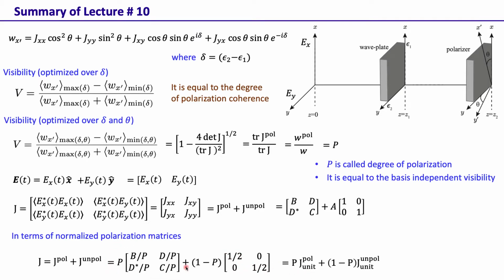So if you write it using the polarized and unpolarized matrices that have unit trace, the coefficient that comes out in front of the polarized part is the degree of polarization, or the visibility. So the degree of polarization has two interpretations. First, it is the intensity associated with the polarized part divided by the total intensity. Second, in this kind of decomposition, it is the coefficient that shows up in front of the polarized part, basically the weightage of the polarized part.